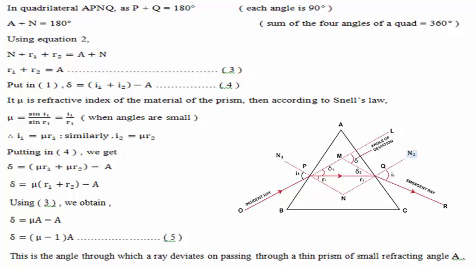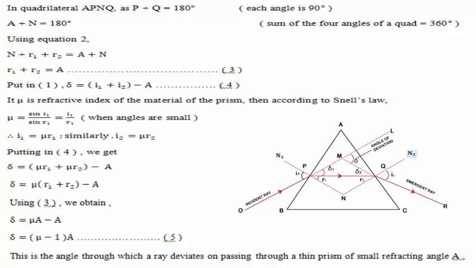Put these I1 and I2 values in the above equation, that is equation number 4. You get delta is equal to nu R1 plus nu R2 in the bracket minus A. Take nu common from the bracket, then you get delta is equal to nu multiplied by R1 plus R2 minus A. In place of R1 plus R2, we can write A according to equation number 3.